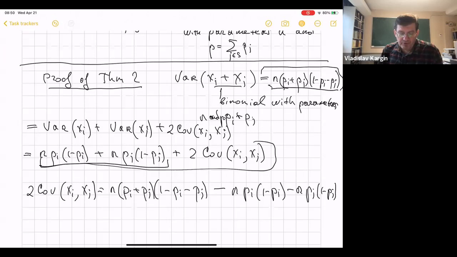And if you see in this expression, you'll see n pi (1 minus pi). This will cancel out. Then there'll be n pj. Okay, so this probably needs to be calculated.